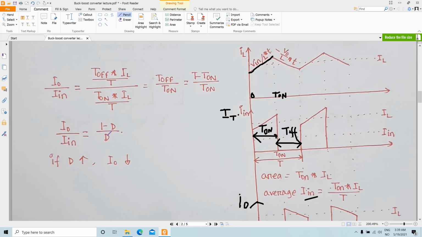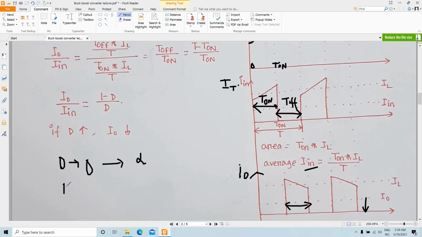Now, if you look carefully, if you increase your D here, your output current I out is basically reduced. Let's assume D is 0. Then I out divided by I in becomes infinity, that means it is very high.